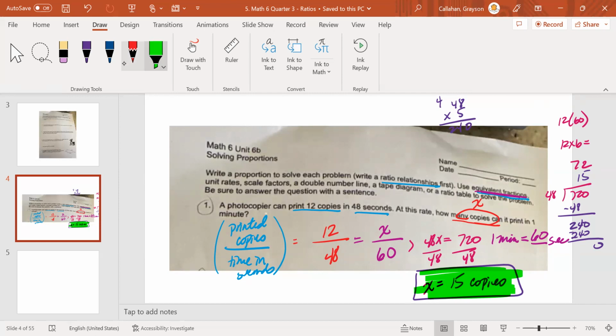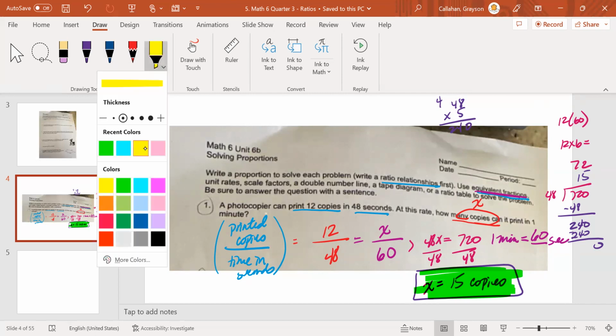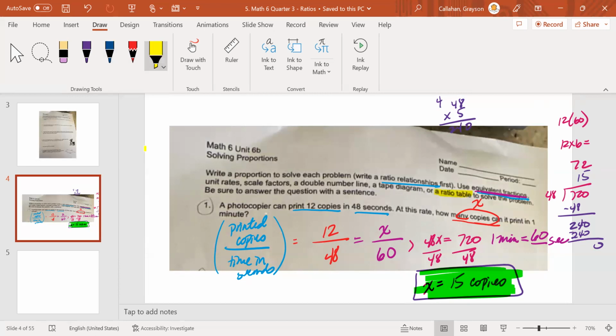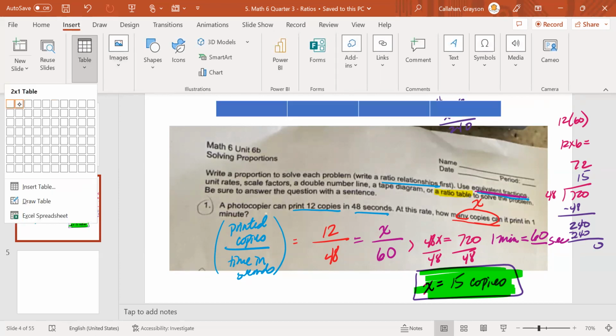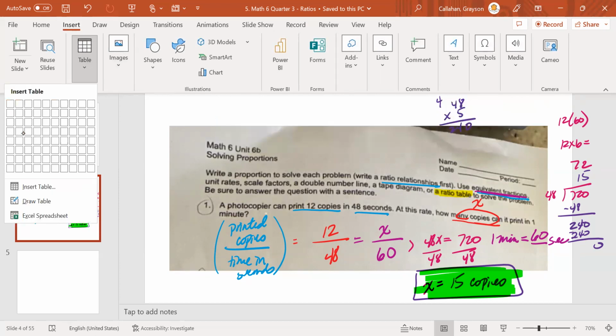Also, I think it's important that you make sense of this. The other thing that they wrote here is that it says use a ratio table. So if I were to use a ratio table here, let's say I'm just going to insert a table like this.